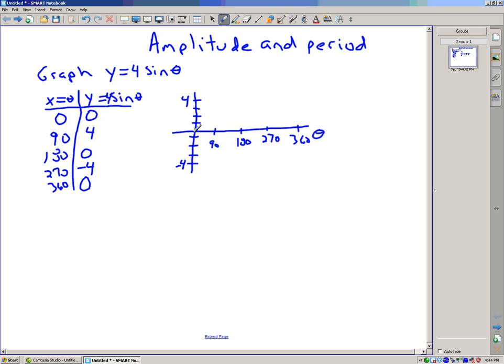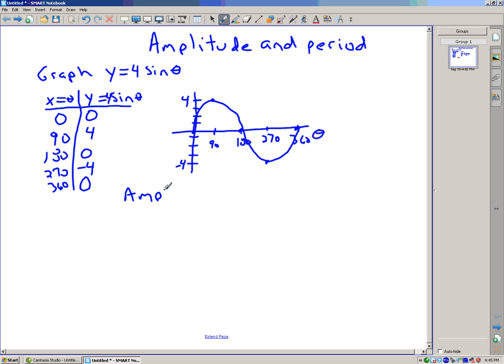So we just plot these dots: 0, 0; 90, 4; 180, 0; 270, negative 4; and 360, 0, and we get our first graph of sine. This is y equals 4 sine of theta. And there we go.